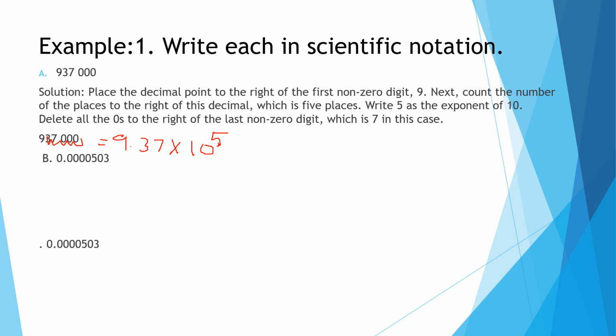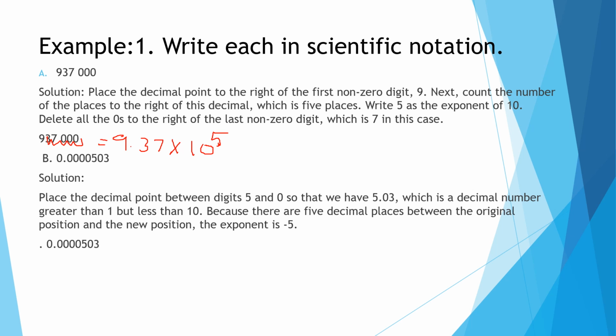Next. Letter B example. So we have 0.000503. Now, what is our solution? Place the decimal point between digits 5 and 0 so that we have 5.03, which is a decimal number greater than 1 but less than 10, because there are 5 decimal places between the original position and the new position.